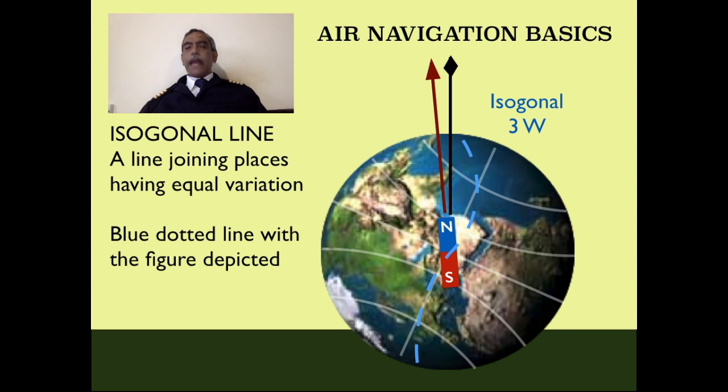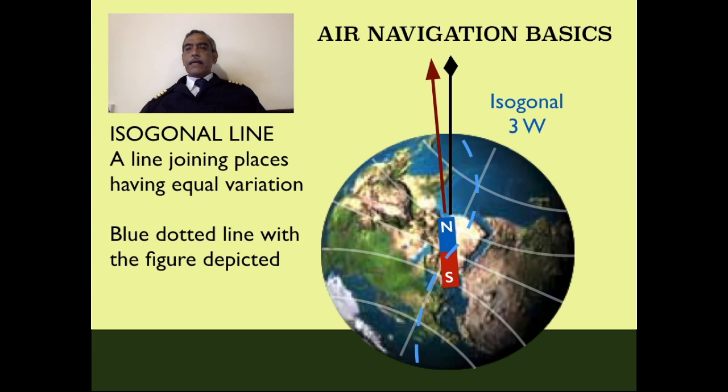And here in this diagram, I have shown a blue dotted line which represents an isogonal line of 3 degrees west. Also, I want you to notice the arrow notation which I have used, which is standard for representation. May not be the color, but definitely the arrow notation is standard.